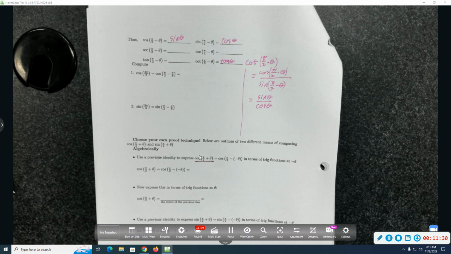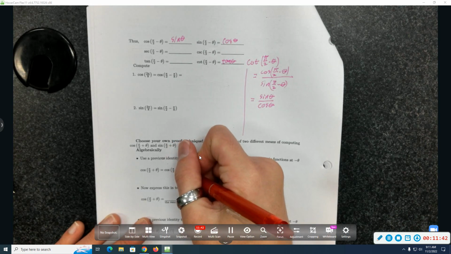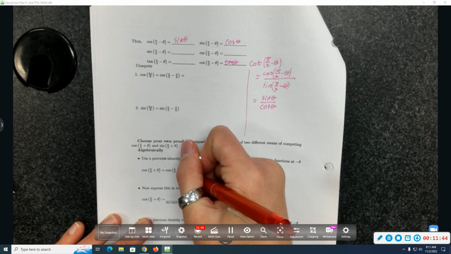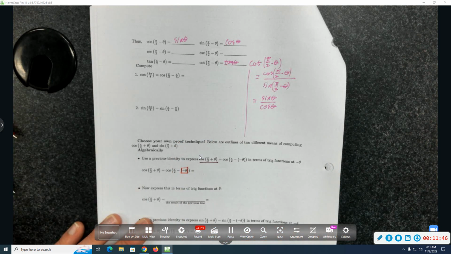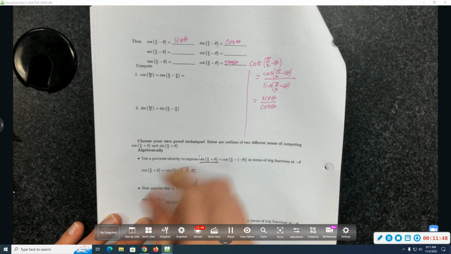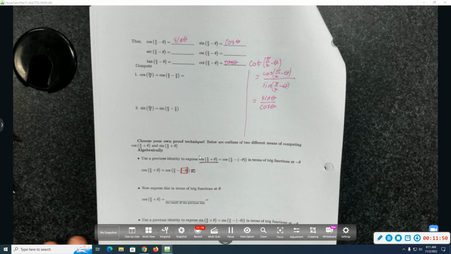So let's think about cosine of pi over 2 plus theta as cosine of pi over 2 minus minus theta. I'll play this game where I take the thing that I want to ignore for now and put it in a box. So cosine of pi over 2 plus theta is cosine of pi over 2 minus the box, where the box is minus theta.